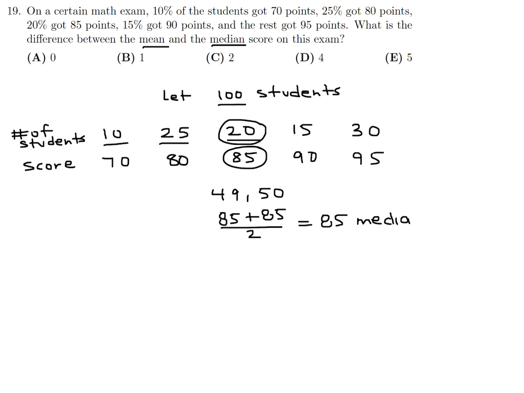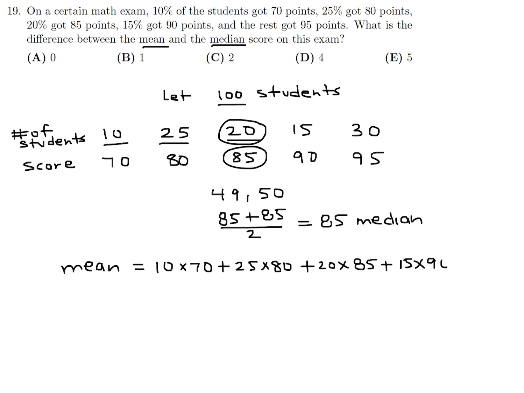All right. And now to figure out the mean, which is the average, let's see here. We've got 10 times 70 plus 25 times 80 plus 20 times 85 plus 15 times 90 and plus 30 times 95.